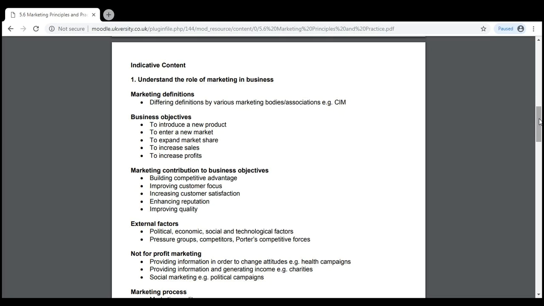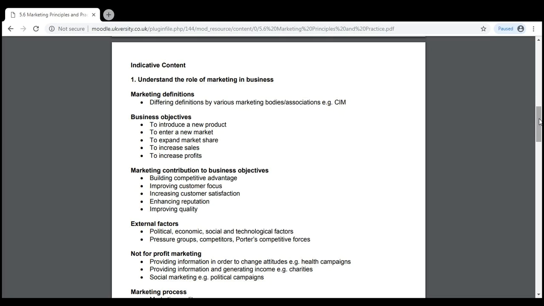Think about the Nike sign itself, it is such a wonderful logo, worth more than 90 million, and it's just a brand name, a brand logo. So competitive advantage includes location and brand image, and different companies have different competitive advantages. Improving customer focus: how we can improve through marketing customer satisfaction, enhance reputation, and improve quality.